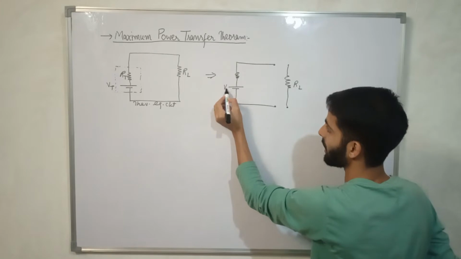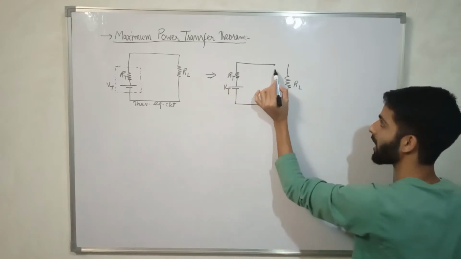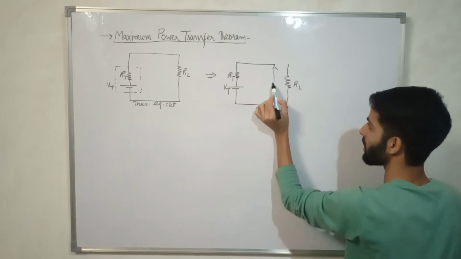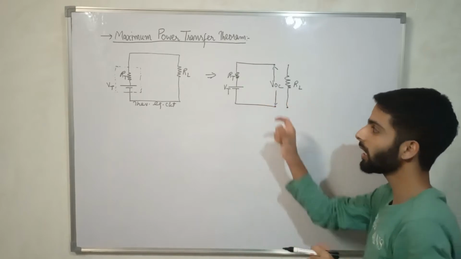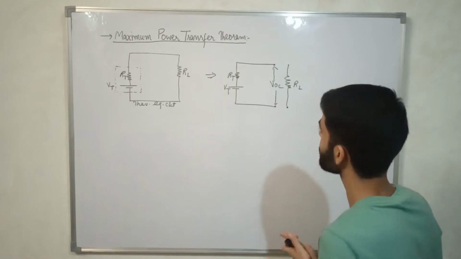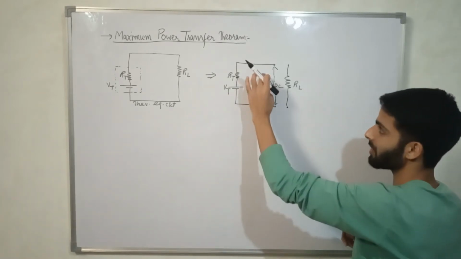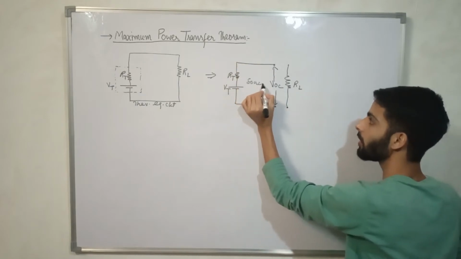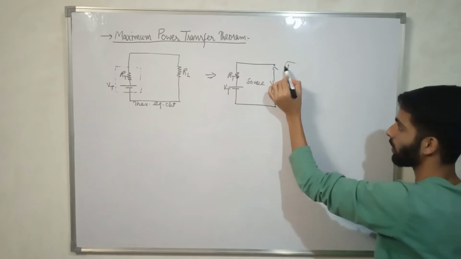This is Vt, Rt. What will be the voltage between those 2 points? This is open circuit voltage VOC, which will be equivalent to the voltage of Thevenin's equivalent. Okay, so in the context of Thevenin's equivalent circuit, this is the source, and this one is the load.